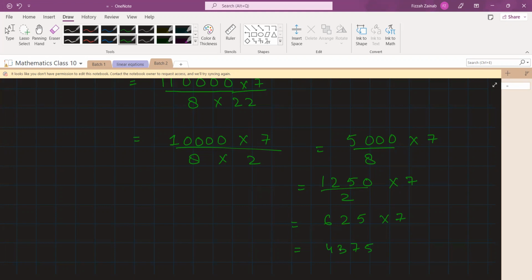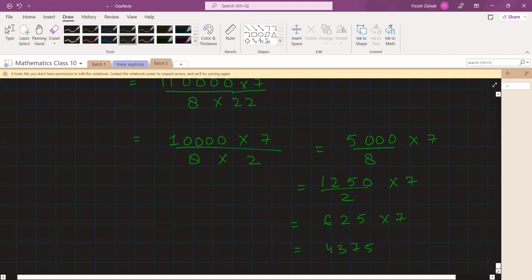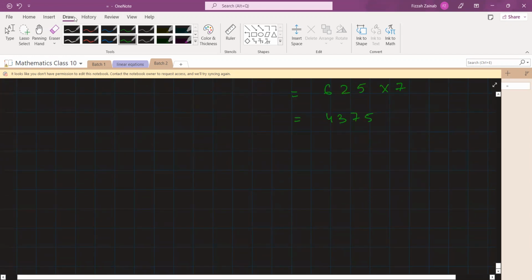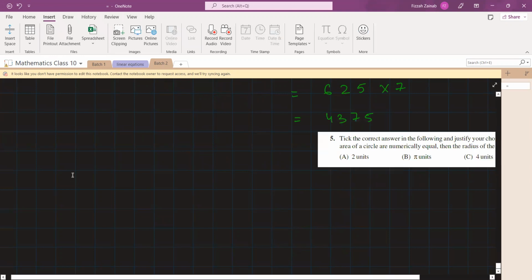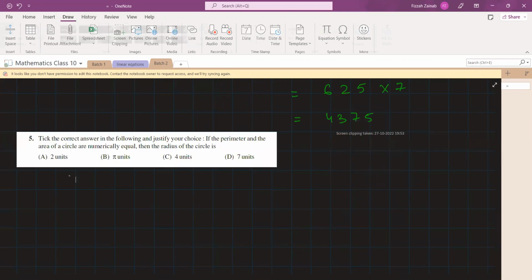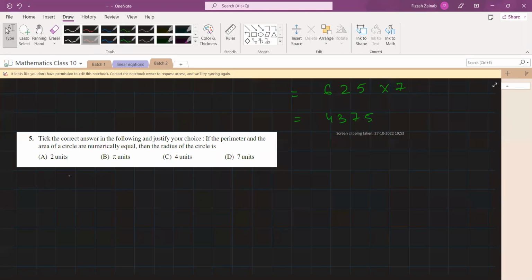Area of sector. Okay, fine. Now next question quickly. Choose the correct answer in the following and justify your choice.